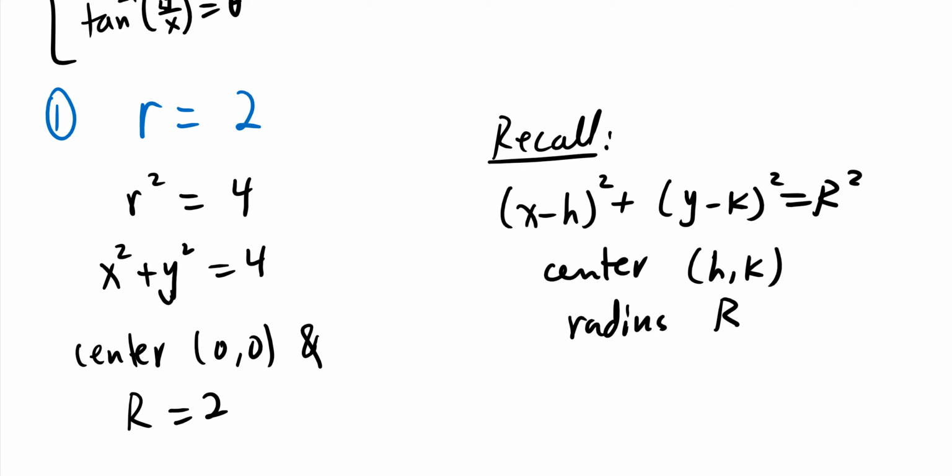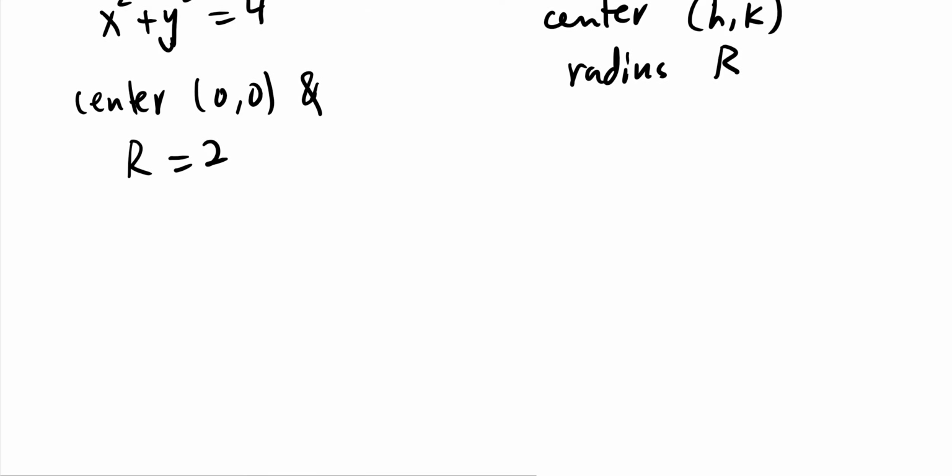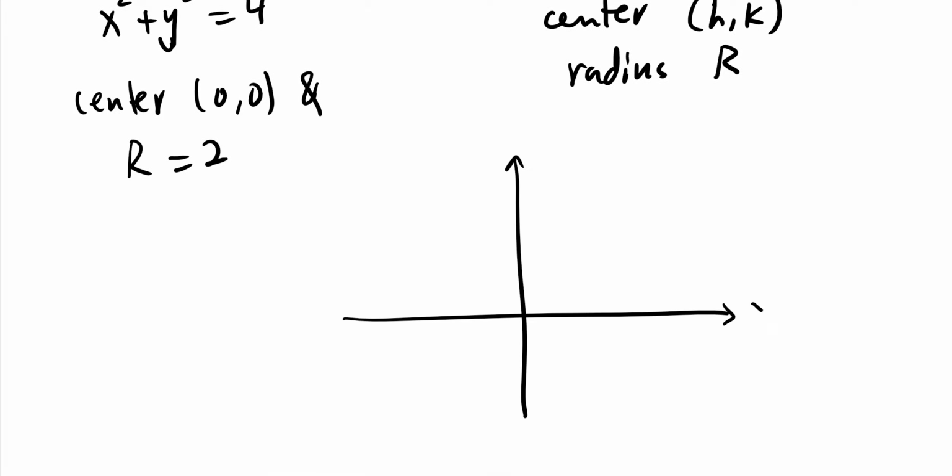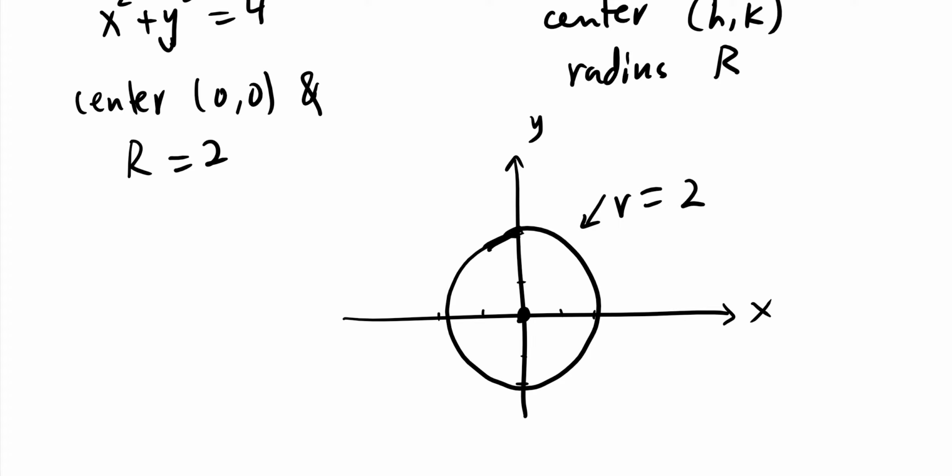So we're going to plot the point (0, 0) and radius 2. You're going to go 2 in all directions and then just connect them. So that's what we get. That's the graph of r equals 2.